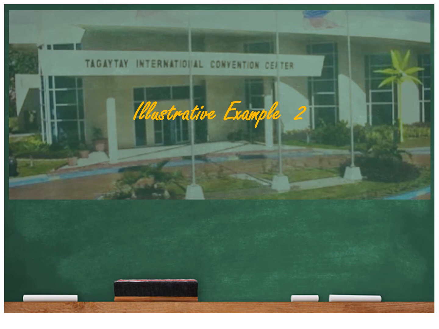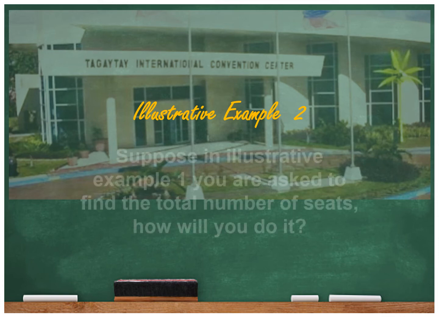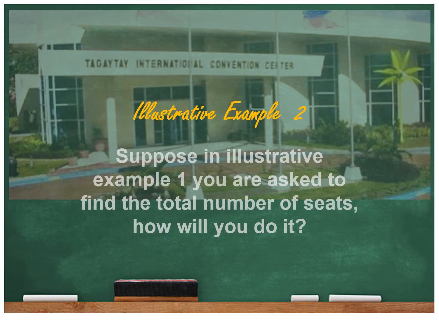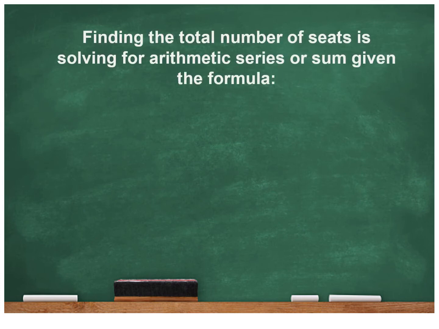How are we going to do it? Finding the total number of seats is solving for an arithmetic series, or the sum of the given sequence.